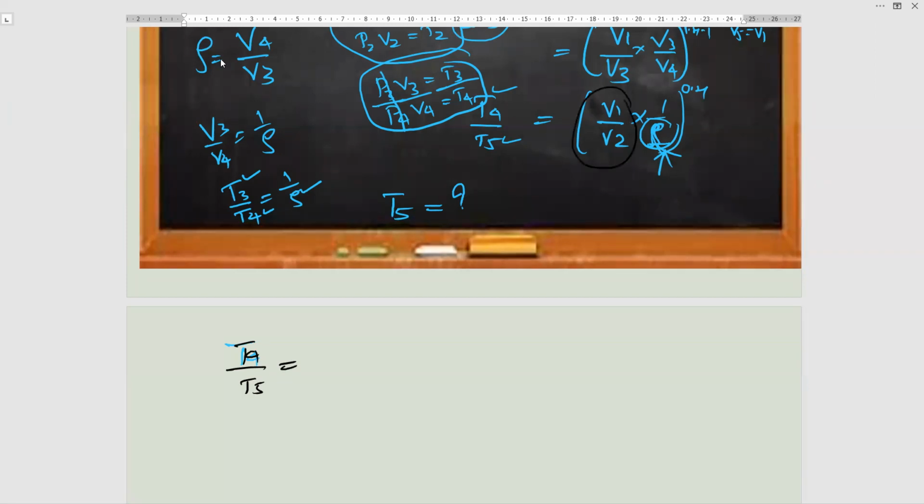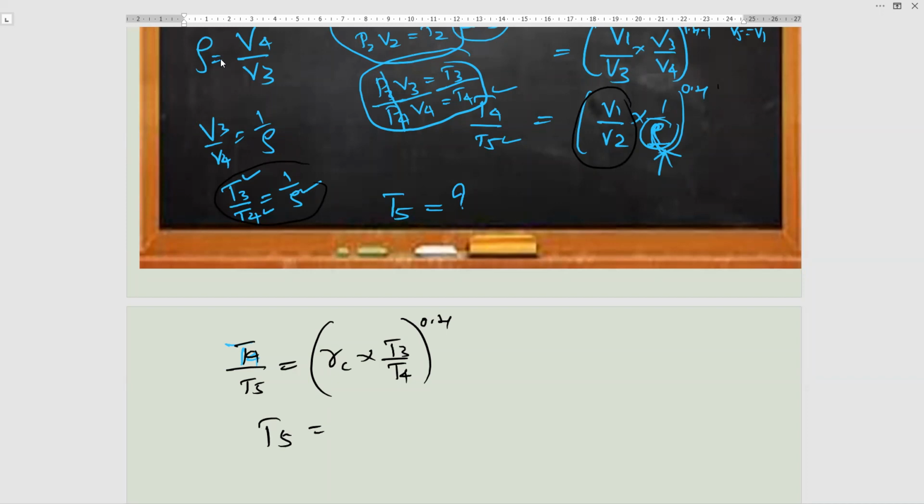What is V1 by V2? That is the compression ratio. 1 by rho, I will write directly as T3 by T4, to the power of 0.4. So the only unknown is T5.